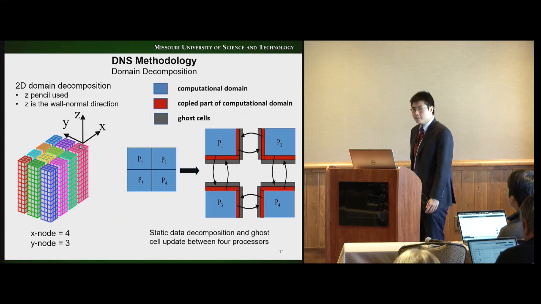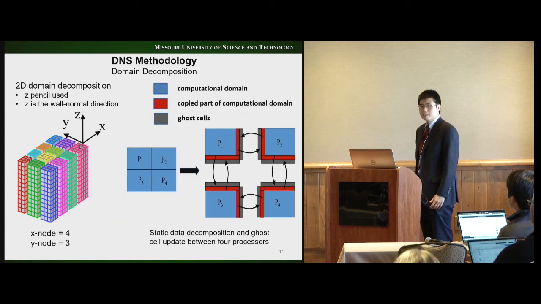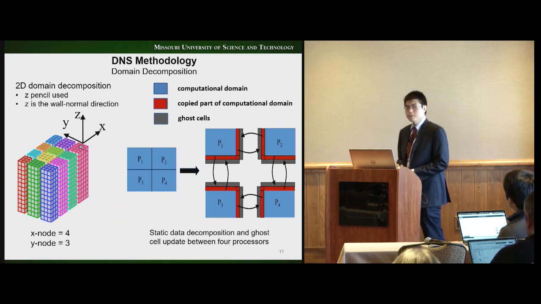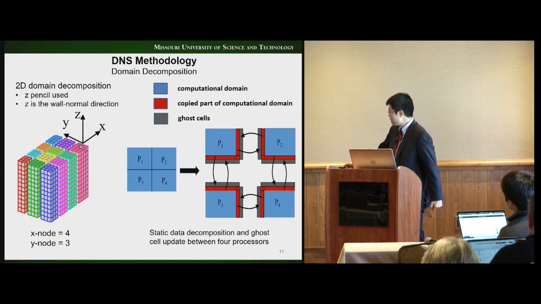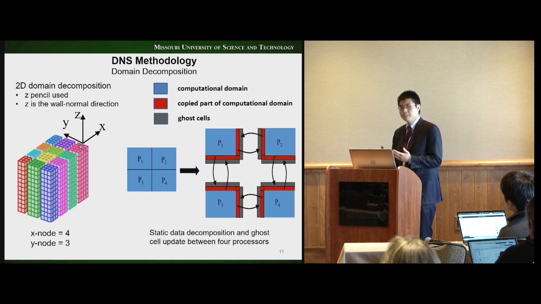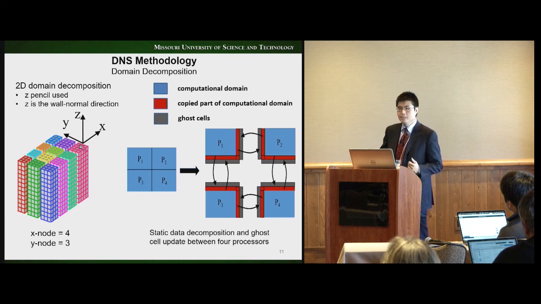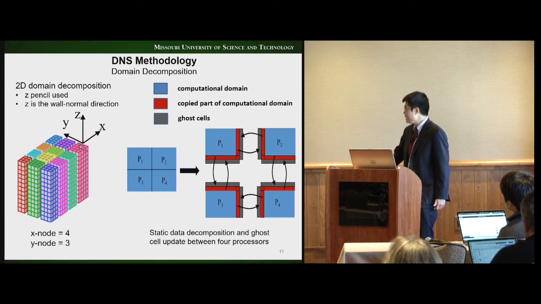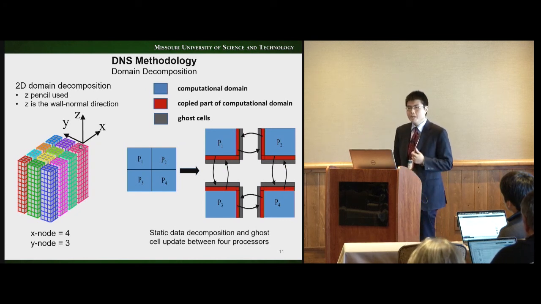All right, so this is our domain decomposition. Since we deal with boundary layer flows, we divide the domain along the directions where we have small changes. So we divide the domain along the streamwise direction and the spanwise direction. In the wall normal direction, the domain is not divided.